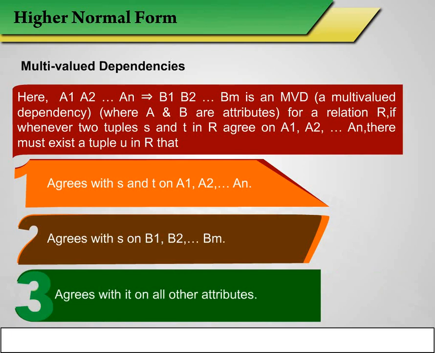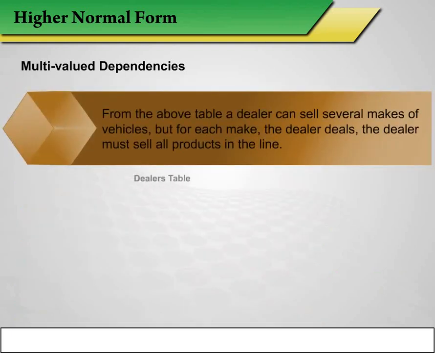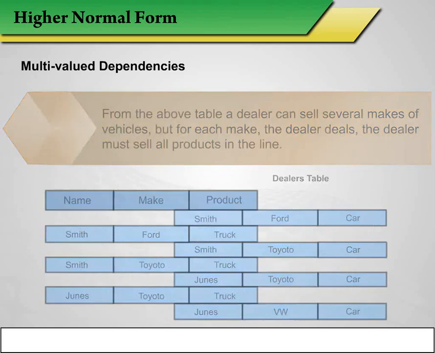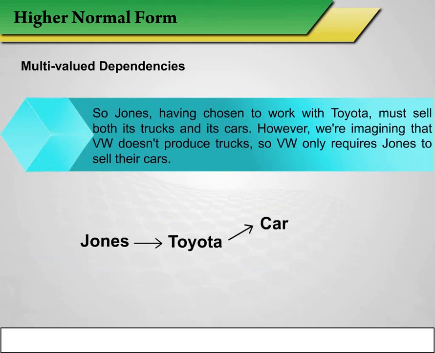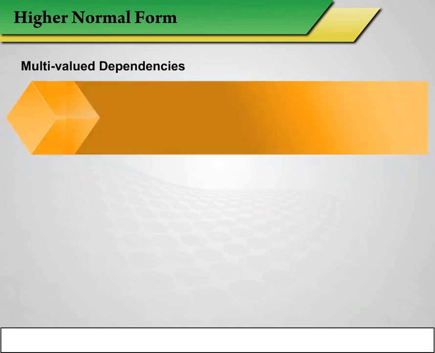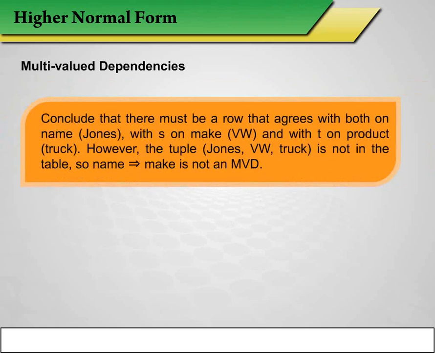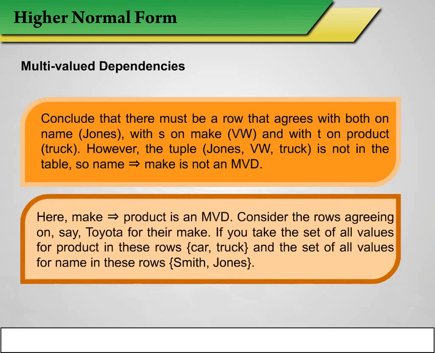Here, A1, A2 and so on up to An determines B1, B2 and so on up to Bm is an MVD, where A and B are attributes of a relation R, if whenever two tuples S and T in R agree on A1, A2 up to An, there must exist a tuple U in R that agrees with S and T on A1, A2 up to An, agrees with S on B1, B2 up to Bm, and agrees with T on all other attributes.